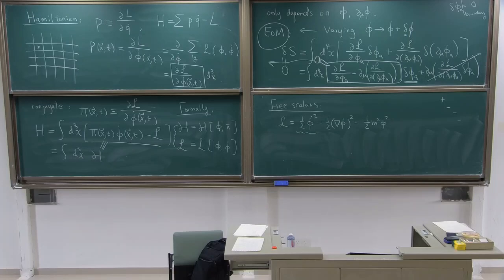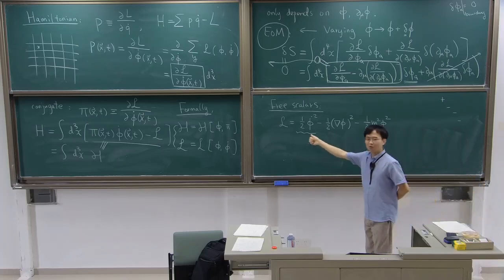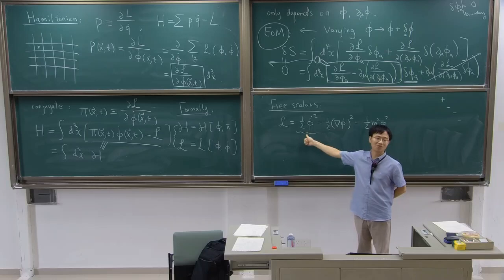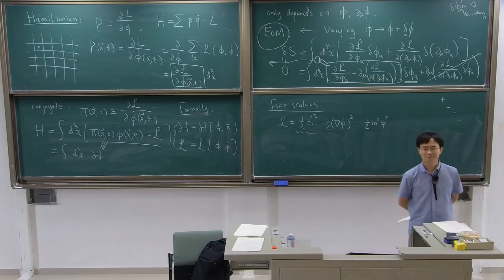It essentially means using another metric convention. But whatever convention or notation you use, you should always keep the sign in front of this term, called the kinetic term, positive, to make sure the kinetic energy is positive.